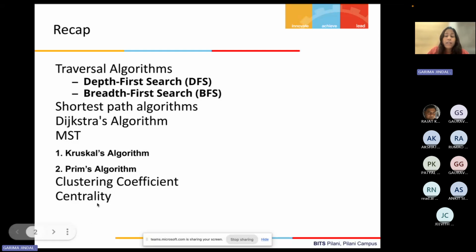The important nodes are called central nodes, and there are various algorithms that we saw in our last lecture. You can identify the importance of a node based on degree. Then we studied closeness centrality, and we also studied betweenness centrality.